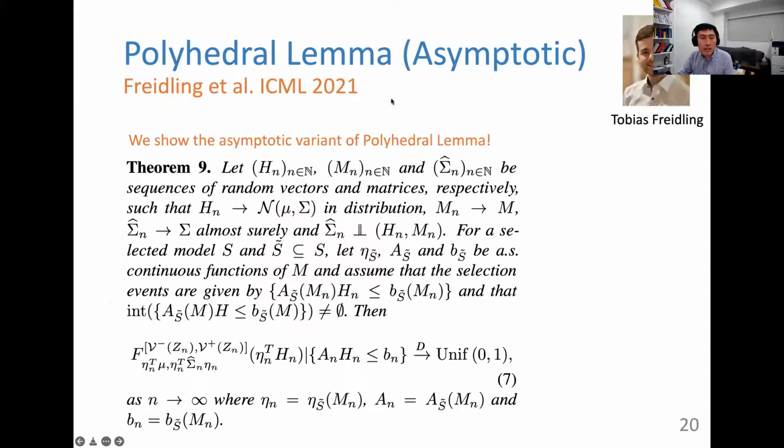Actually, recently our collaborator, Tobias, from the University of Cambridge now, showed an asymptotic variant of the polyhedral lemma. Please check the ICML paper this year for the details. But basically, we can use the estimate of sigma, and then we can still compute the p-values this way.